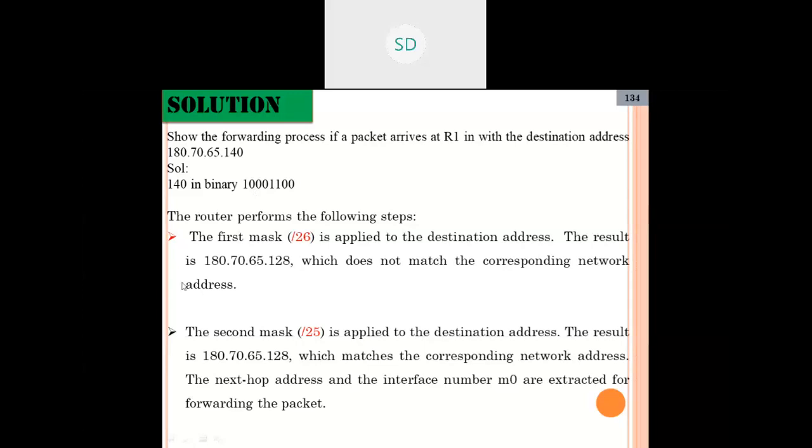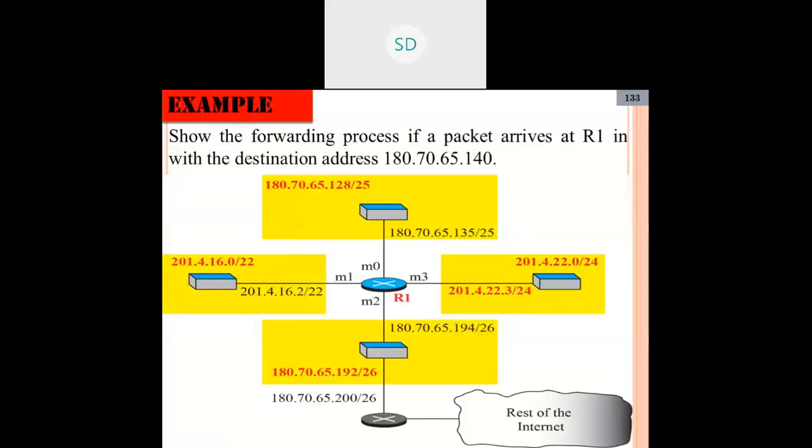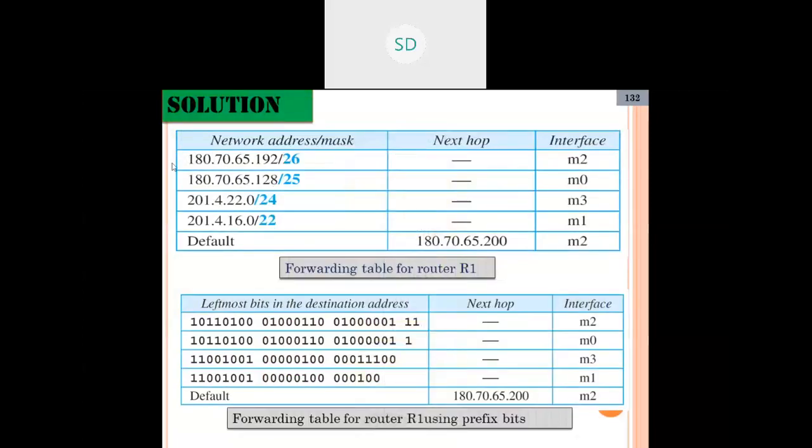Therefore, the result is 180.70.65.128, which does not match the corresponding network address, because the network address of this particular mapping is 180.70.65.192. What we obtained is 128, so this address is not mapping and it discards this row. It goes to the next row.